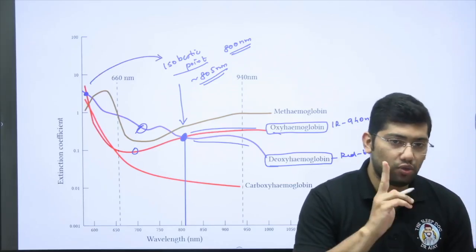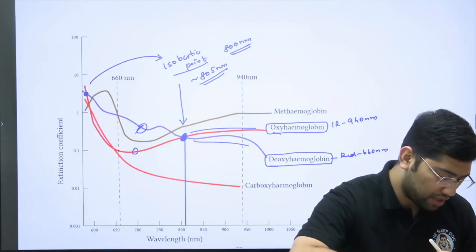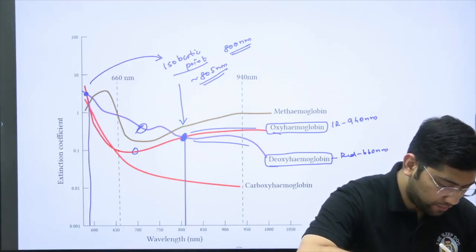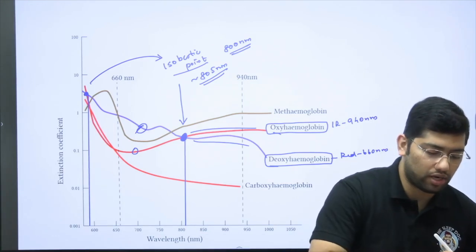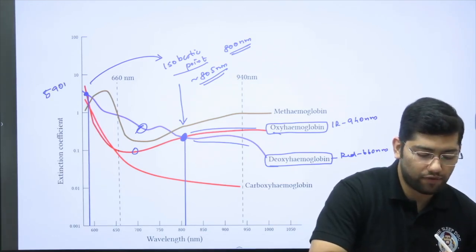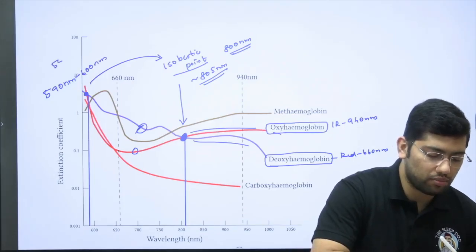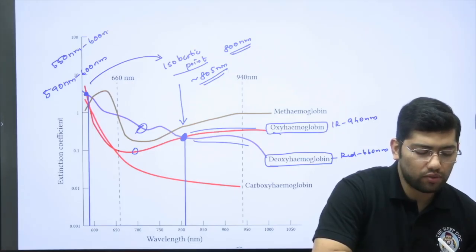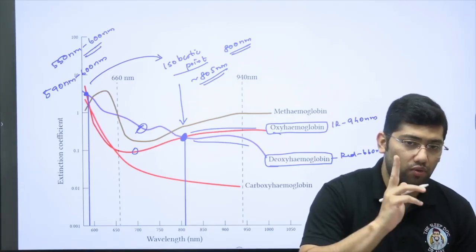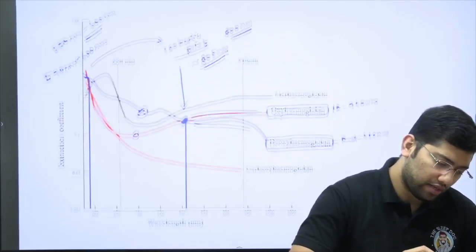So there are actually two isobestic points, and this isobestic point corresponds to somewhere just less than 600 nanometers, or you can take it as somewhere 590 nanometers to 600 nanometers, or even say, in broader terms, 550 nanometers to 600 nanometers. So there are two isobestic points for oxy and deoxyhemoglobin. All right.